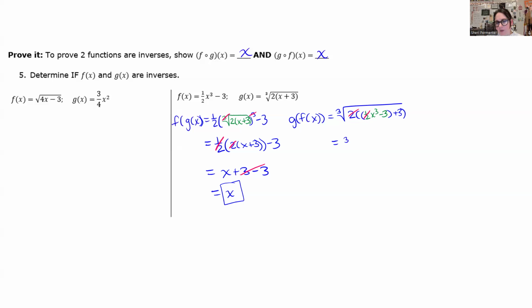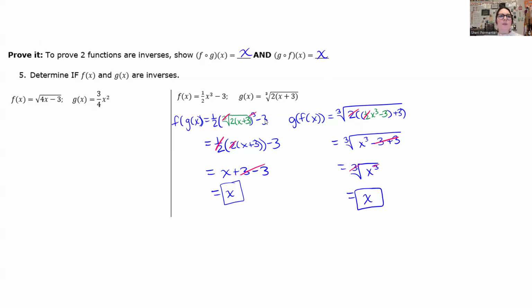So I still have the cube root of x to the 3rd minus 3 plus 3. What's minus 3 plus 3? 0. So that cancels. So I'm left with the cube root of x cubed. Anytime I cube a cube root or cube root a cube, they undo each other. So I'm left with x.